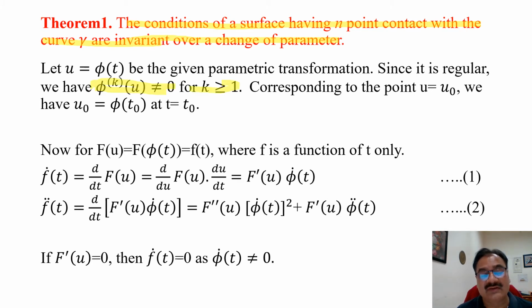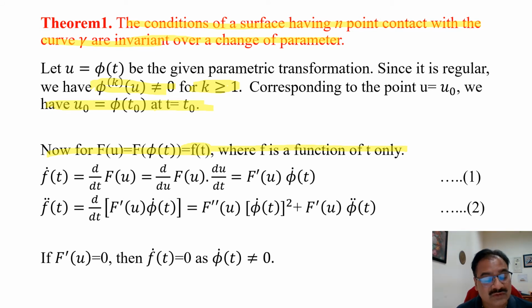Corresponding to the point u = u naught, we have u naught = phi(t naught) at t = t naught. And now for f(u) = f(phi(t)) = F(t), where F is a function of t only, we can express F'(t) and F''(t) in the following expressions 1 and 2.